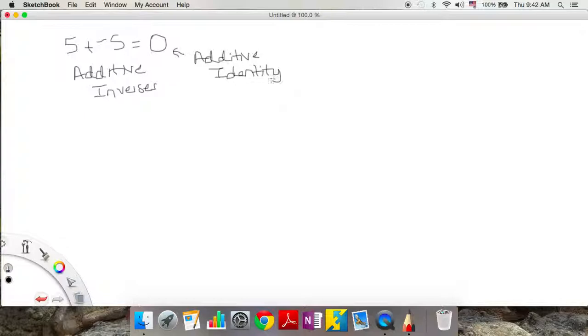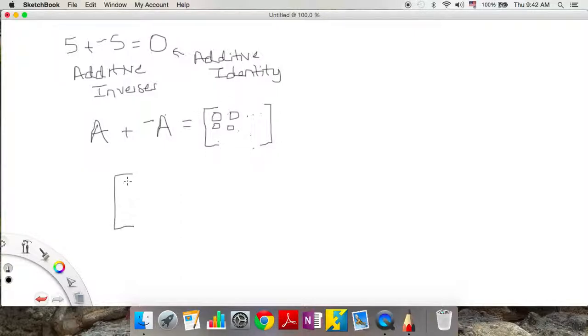Well, with a matrix, we have the same thing, except instead we have two matrices, matrix A, and then another matrix, which we'll designate as negative A, and that's going to give us the same numbers but different signs, and you end up with the 0 matrix, where whatever size you have, it goes 0 in every single space is 0. And that is your additive inverses for matrices and your additive identity for matrices.